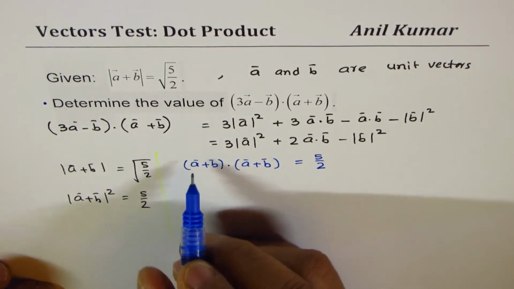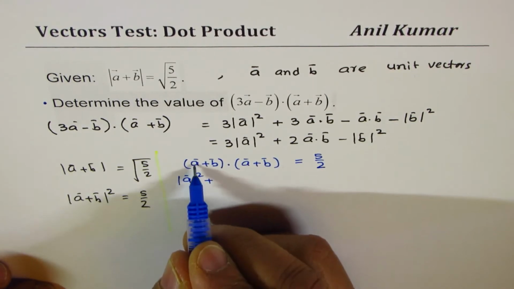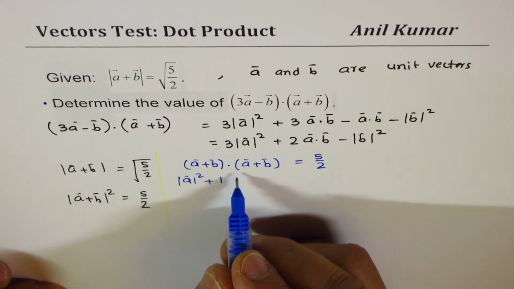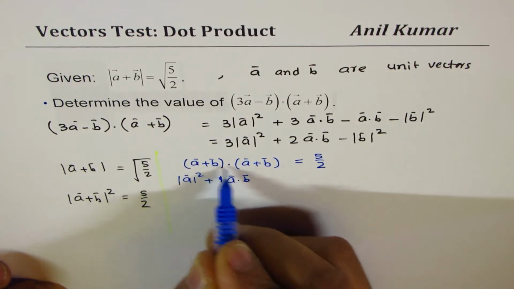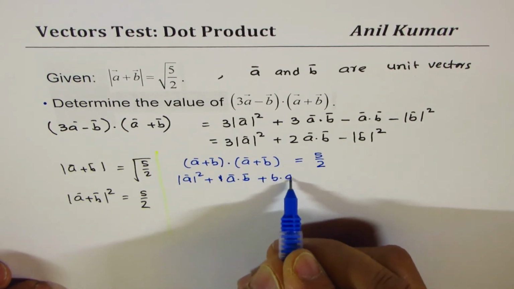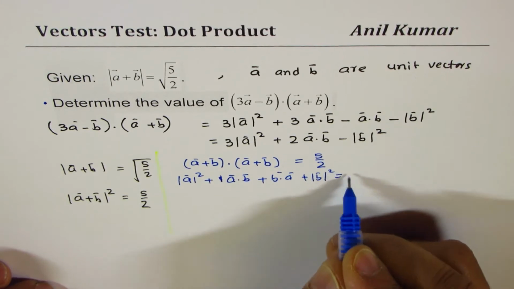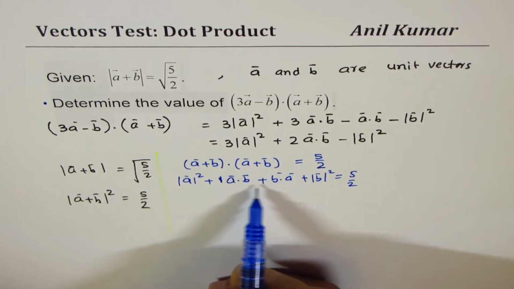Now if you open this up, you get magnitude of A square plus A dot B plus B dot A plus magnitude of B square equals 5 over 2. Now here do you see that term 2AB?